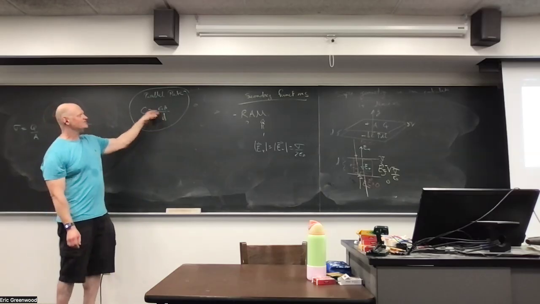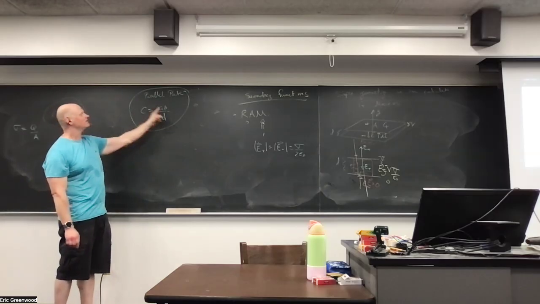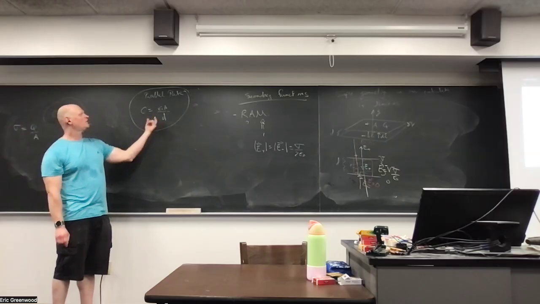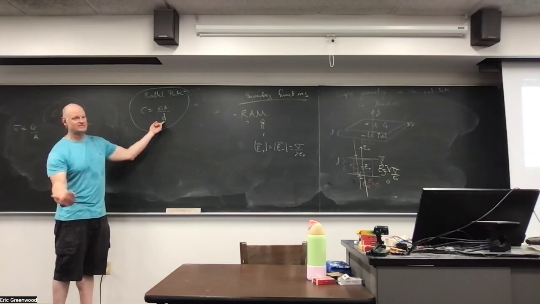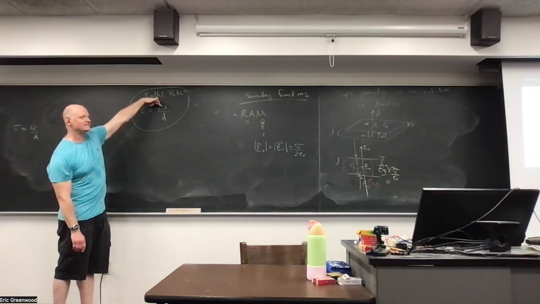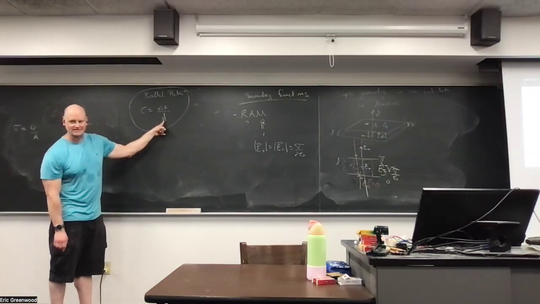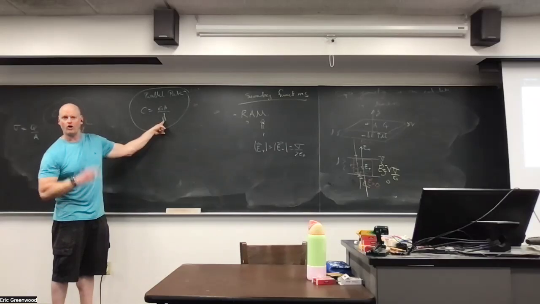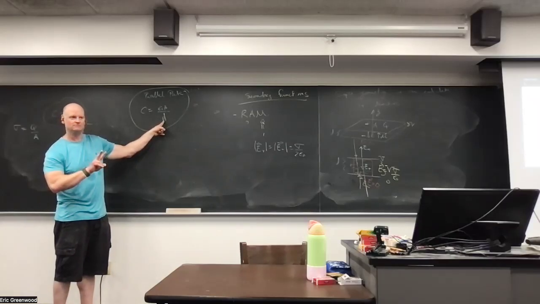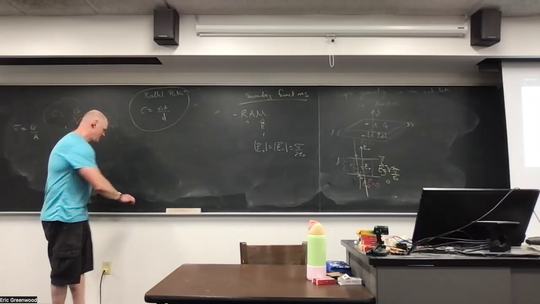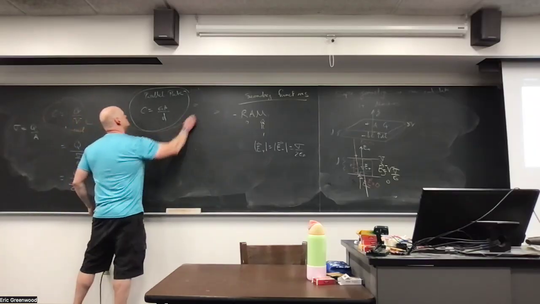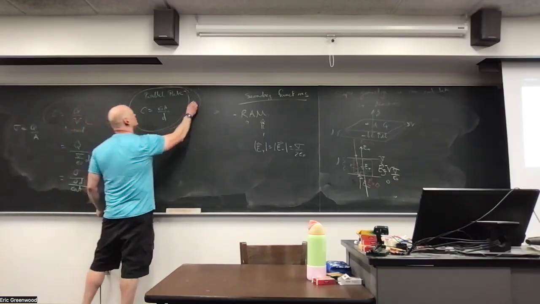That's it. If I want to increase the capacitance, I can either increase the area or decrease the distance between the plates. If I want to decrease the capacitance, I either decrease the area or increase the distance between the plates. Only two ways I can change the capacitance. Okay? And like I said, make sure you put stars next to this because we will come back to this a lot.